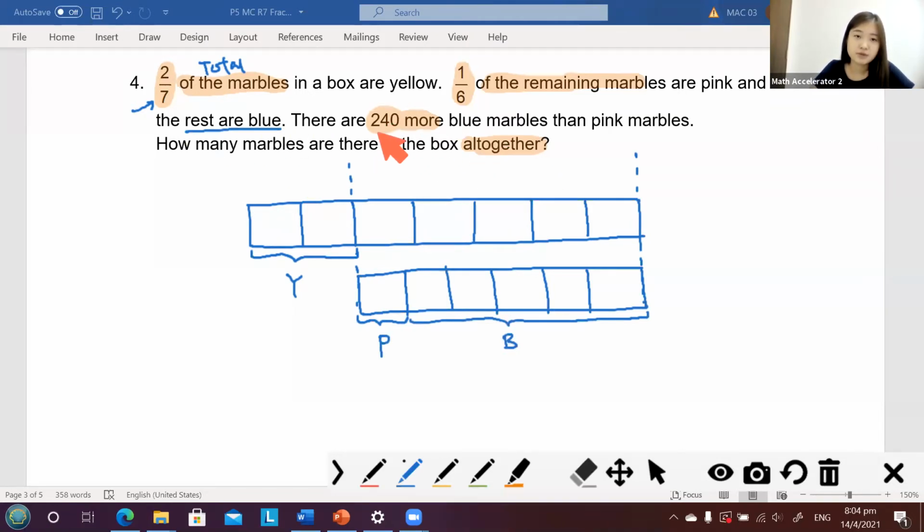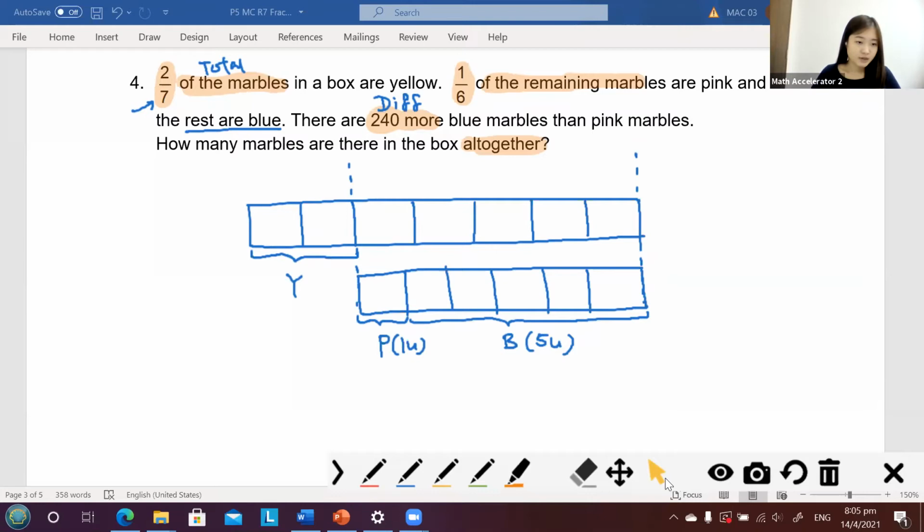So they tell you that there are 240 more blue marbles than pink marbles. In the second model, blue has 5 units and pink is 1 unit. So this is the difference. If you want the difference, how many units do you think the 240 represents? You can type in the chat. How many units does your 240 represent, since it's the difference?